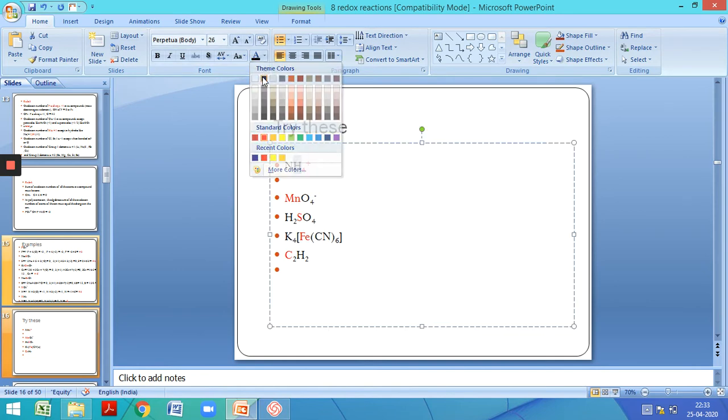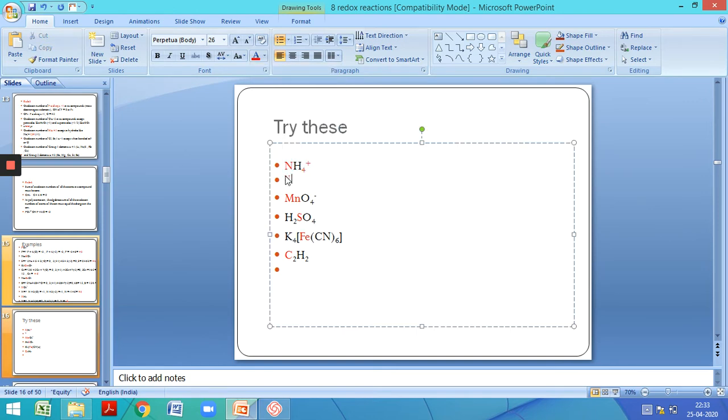We will find the oxidation number of nitrogen in ammonium ion. So we have nitrogen plus 4 hydrogen atoms, and the charge on the ion is equal to plus 1. Each hydrogen atom has an oxidation number of plus 1. So this becomes nitrogen plus 4 equal to plus 1, or the oxidation number of nitrogen is equal to -3.